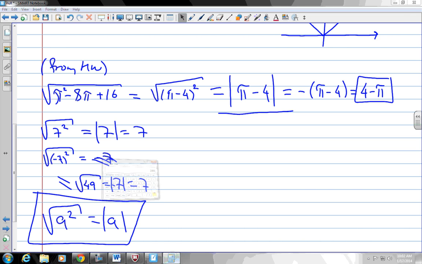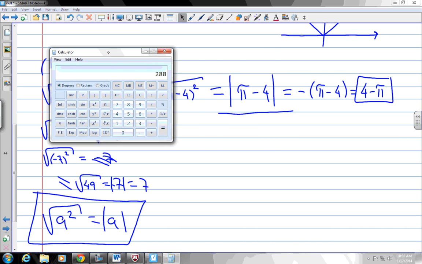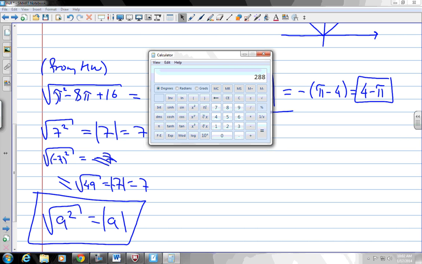And just for fun, since we have a little bit of time left, I can plug this number on the left in the calculator: pi squared minus 8 times pi plus 16. Whoa. And I need to take the square root of that, right? Here we go. Is that okay? Who can memorize that number? I'll just put it in the memory.